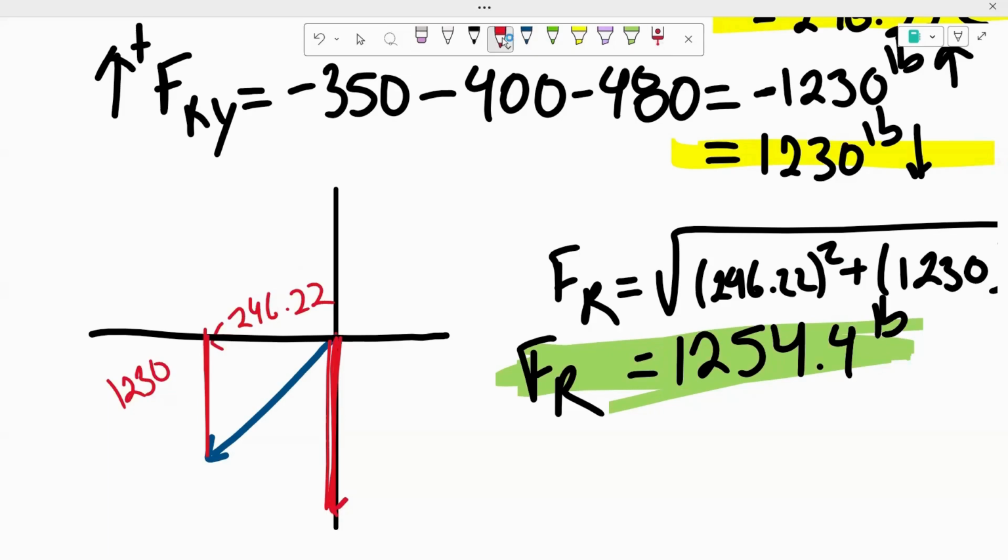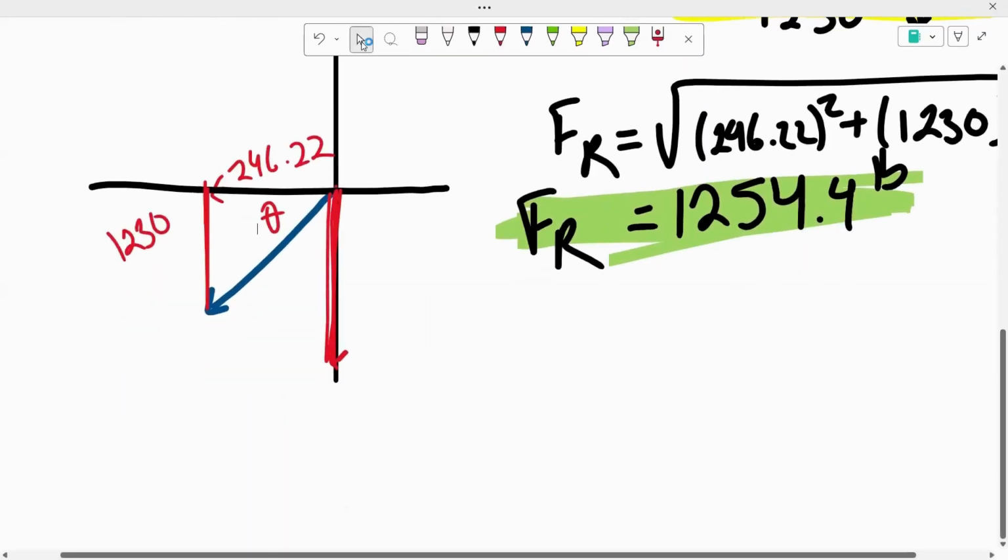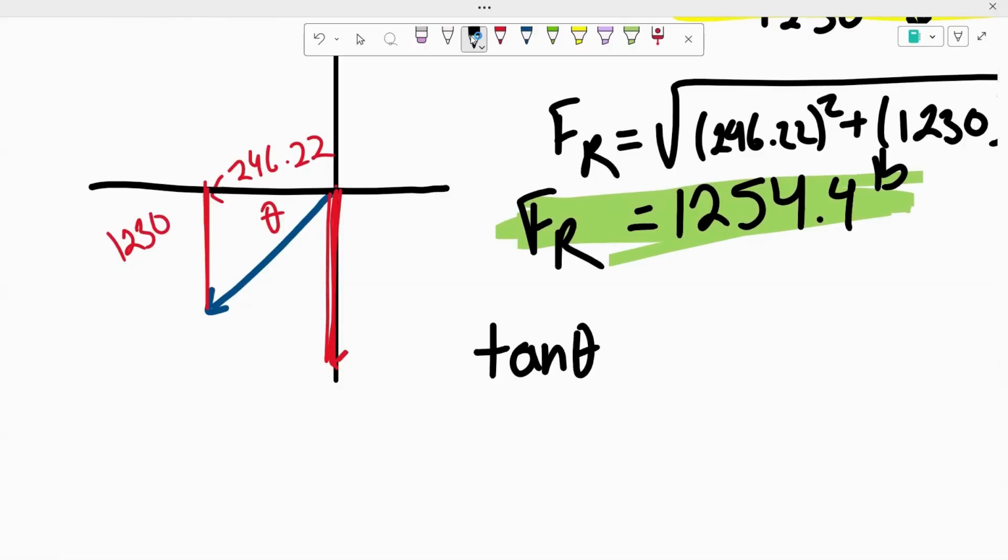So we're going to call this angle that we're trying to find theta. To find theta, we know the opposite side of that angle and we know the adjacent side to that angle. Tangent is opposite over adjacent, which is why we're going to be using tangent theta to find our angle. So tangent theta is opposite over adjacent, so we're going to have our 1,230 pounds over 246.22.